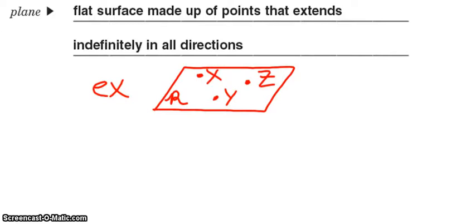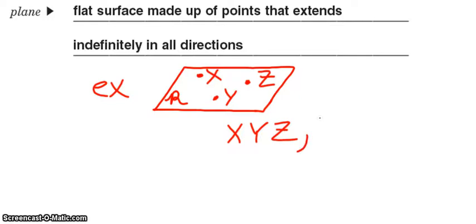The notation of this will be writing the 3 letters. It does not matter what. Well, let me erase that Y there. Let's make a better capital Y. There we go. Does not matter which order you put these 3 letters. I like to go in alphabetical order.